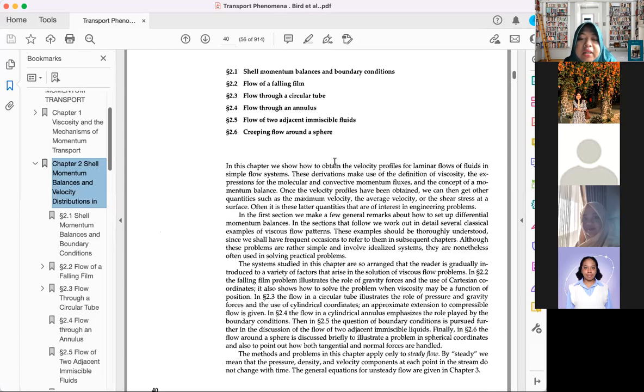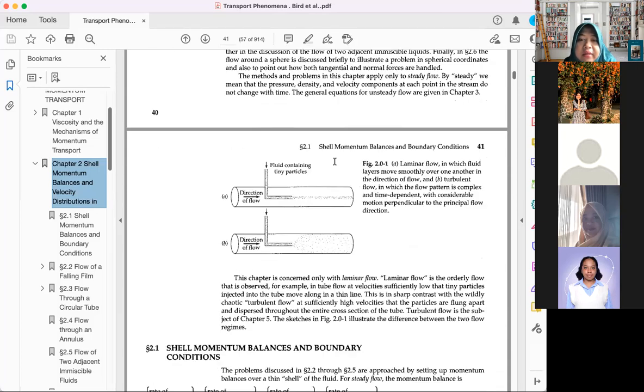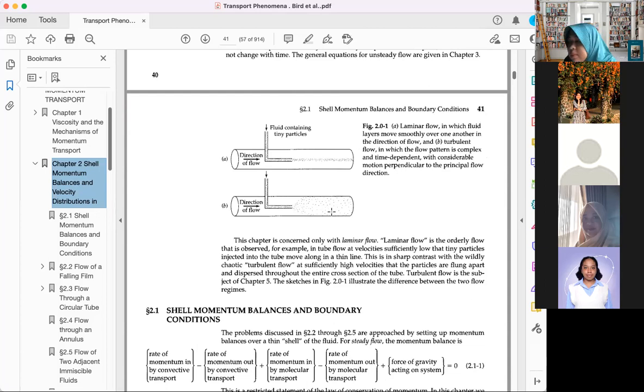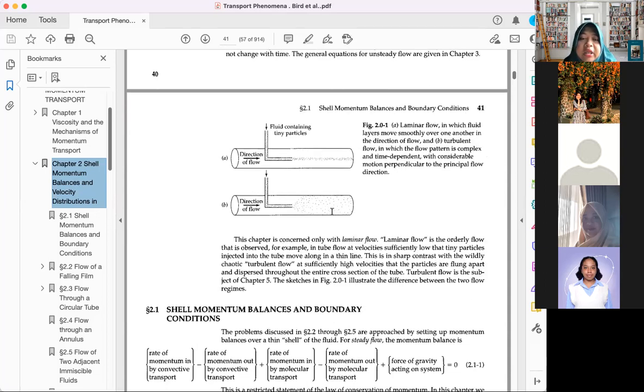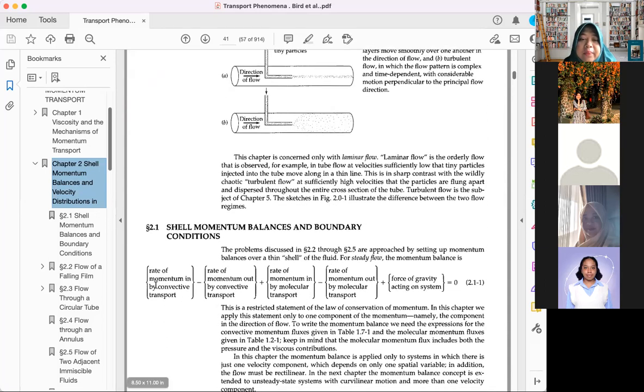In here you can see, for example, this is the picture that I copied in the presentation, and also the momentum balance, which is the rate of momentum in by convective transport and also by molecular transport, minus the rate of momentum out by again convective transport and molecular transport, and the addition of force of gravity, if any, acting on the system.